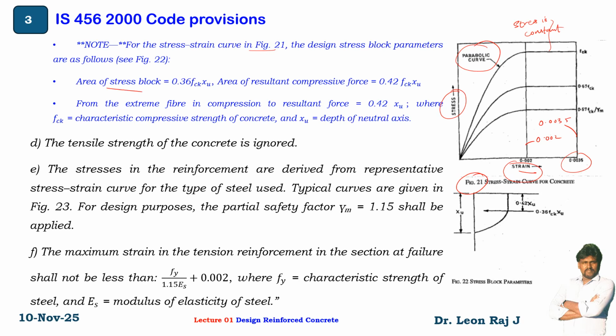Area of stress block is 0.36 fck xu. The resultant compressive force shall be 0.42 fck xu acting, from the extreme fiber in compression, at exactly 0.42 xu, where fck is the characteristic compressive strength and xu is the depth of neutral axis.